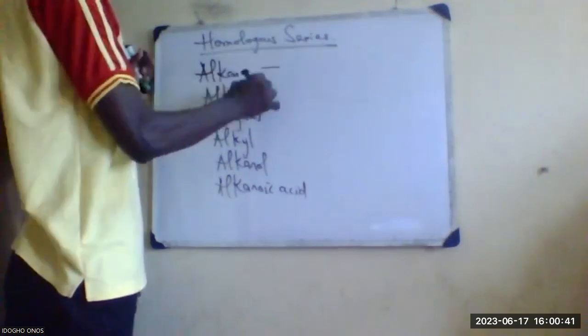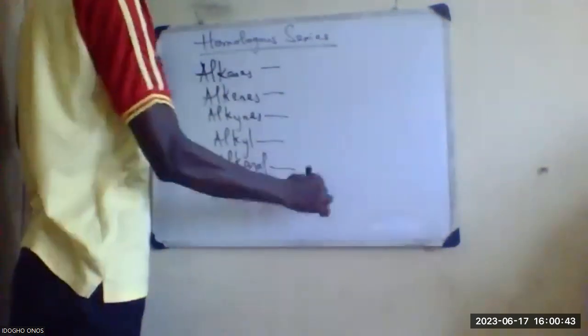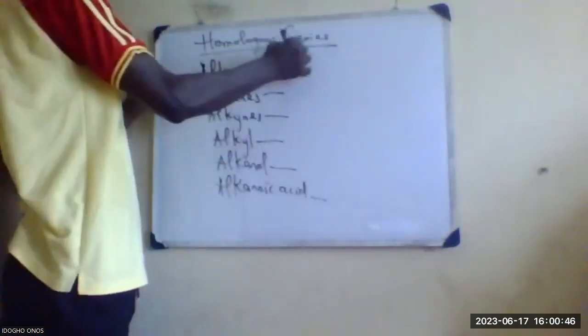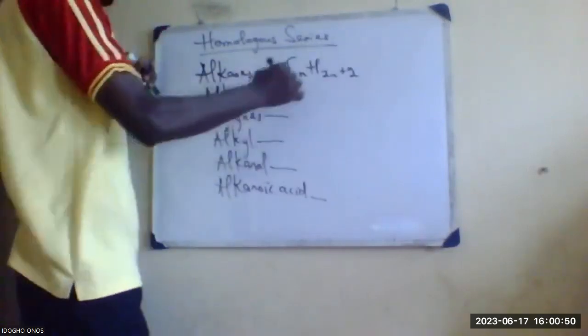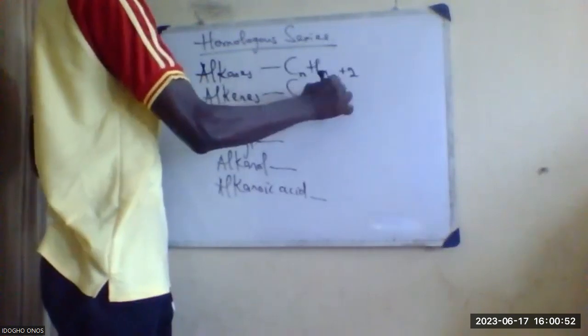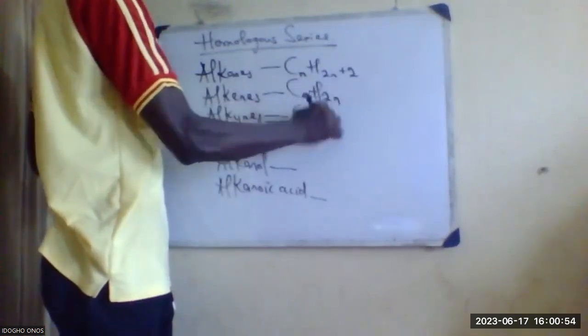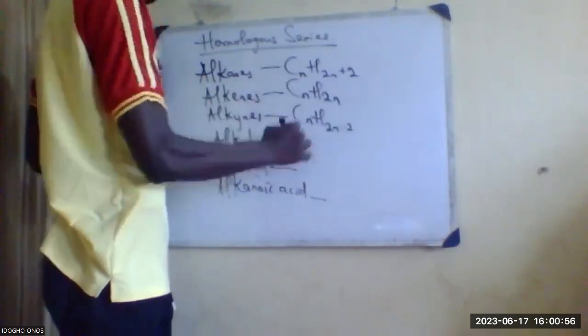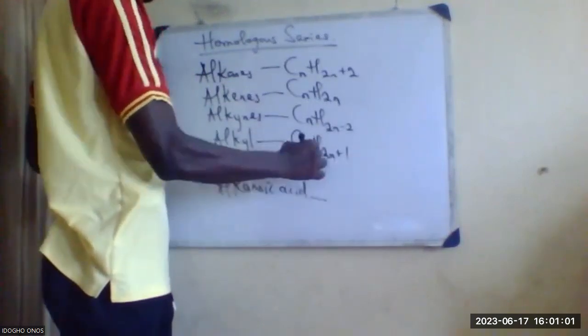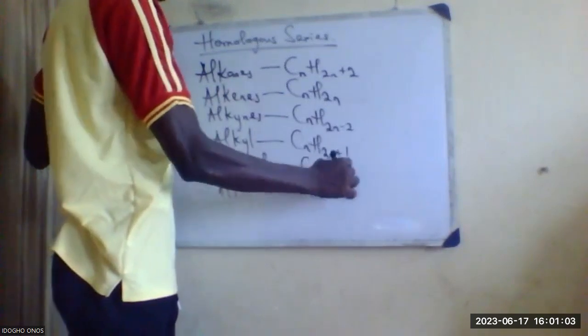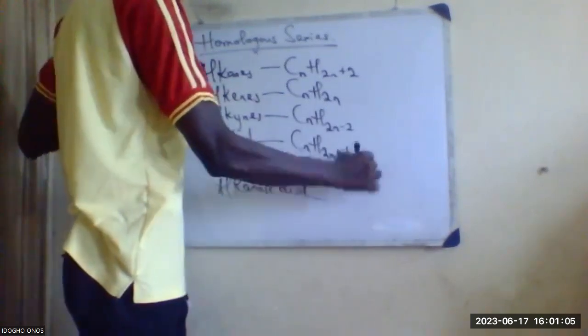Each of these series has its general molecular formula, such as the alkane, CnH2n+2, alkenes CnH2n, alkynes CnH2n-2, alkyl CnH2n+1, alkanols CnH2n+1OH.